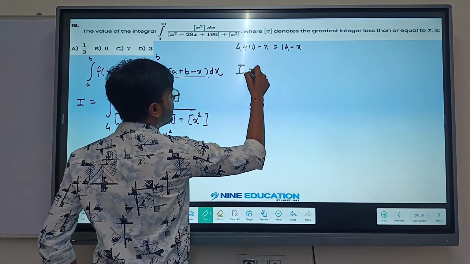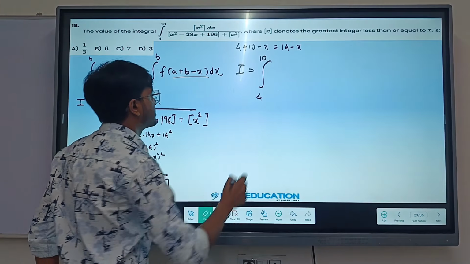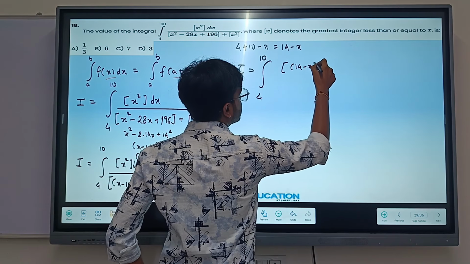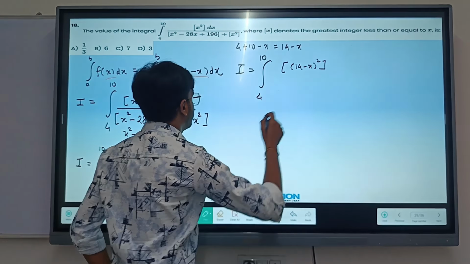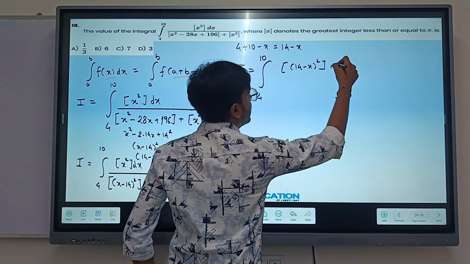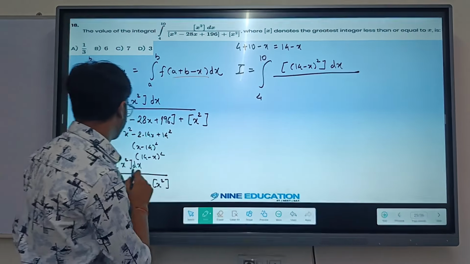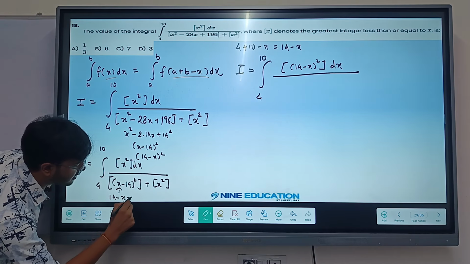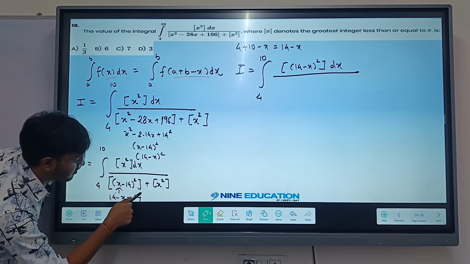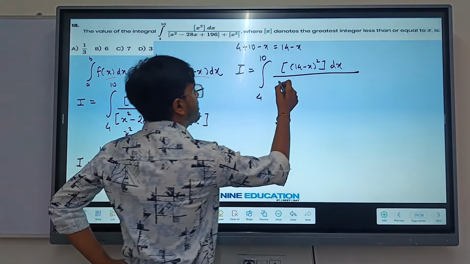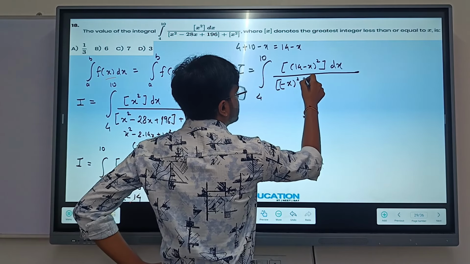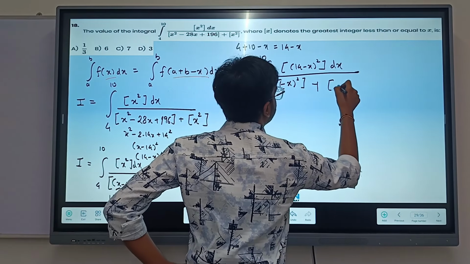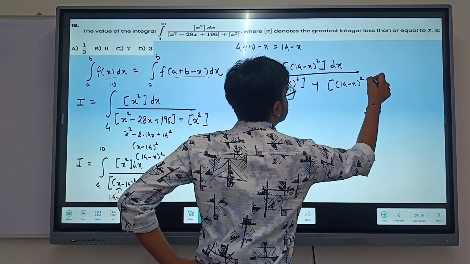So our I would be 4 to 10, greatest integer of instead of x, 14 minus x whole square dx, divided by, in place of x, 14 minus x. So 14 minus x minus 14, 14 minus 14 cancels, minus x whole square, which is same as plus x whole square, plus here in place of x there will be 14 minus x whole square.